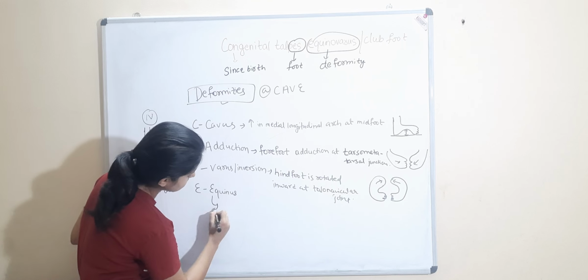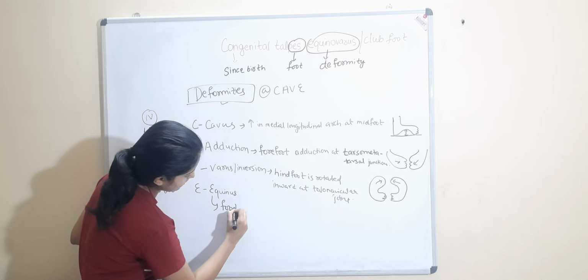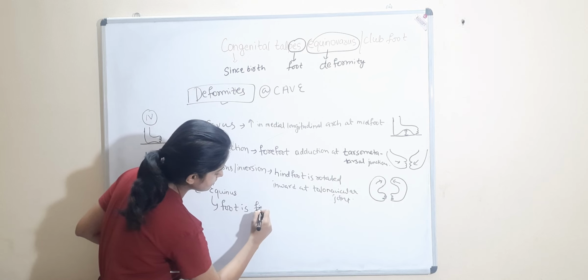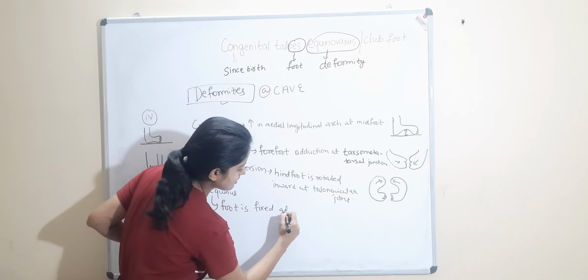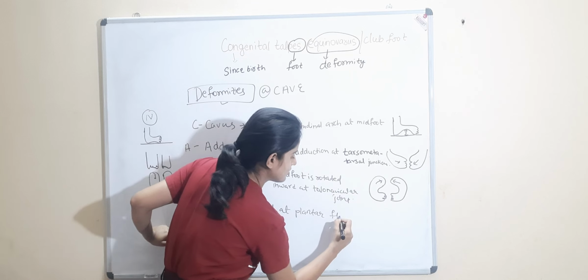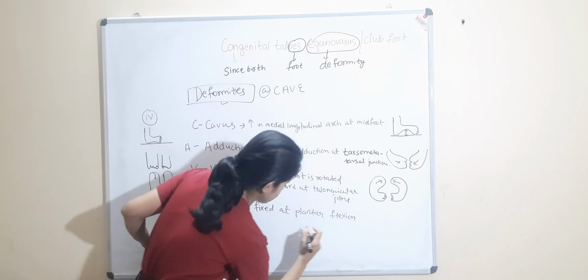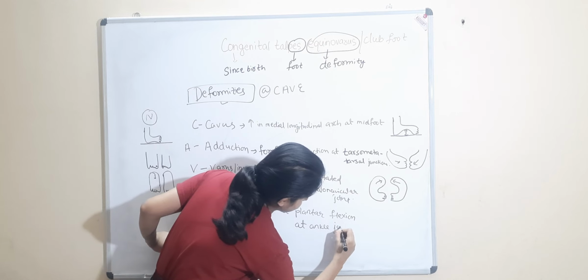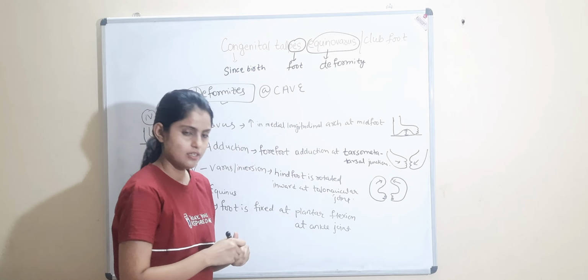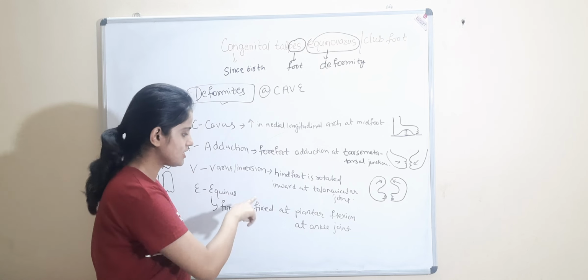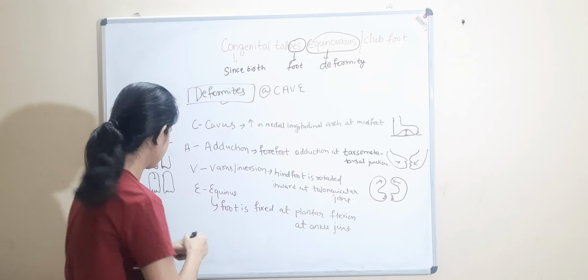In equinus, foot is fixed at plantar flexion at ankle joint. Suppose this is foot, then this is plantar flexion and this is dorsiflexion. So this is fixed at plantar flexion.